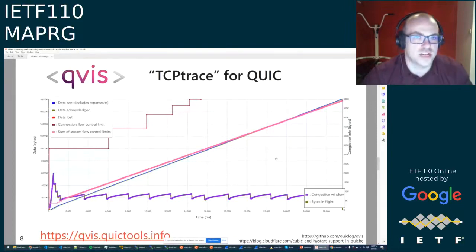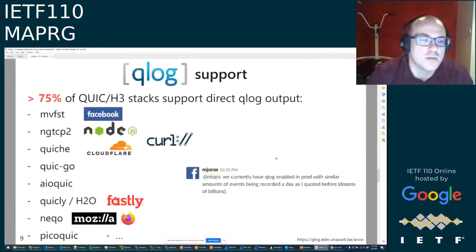This approach of having a shared format and reusable tools has turned out quite interesting and powerful, leading to the majority of the QUIC implementations actually outputting this format. Most notably, Facebook is using this in production to help analyze their deployment of QUIC and HTTP/3 at scale.